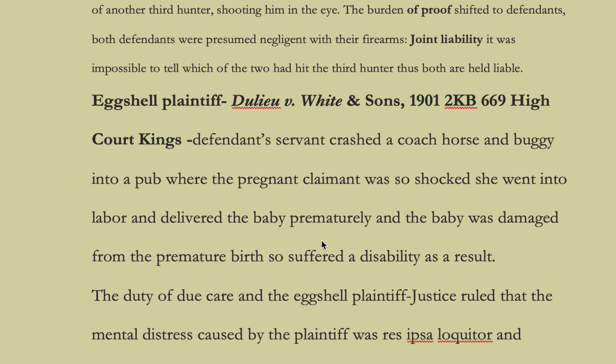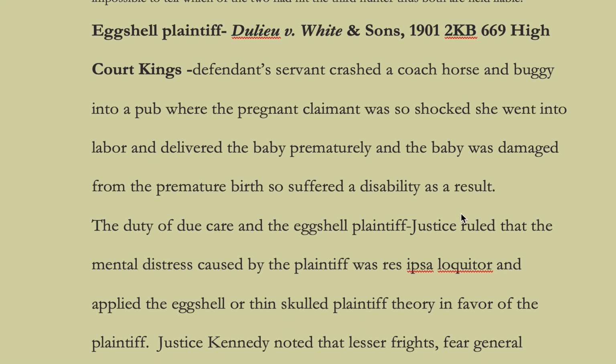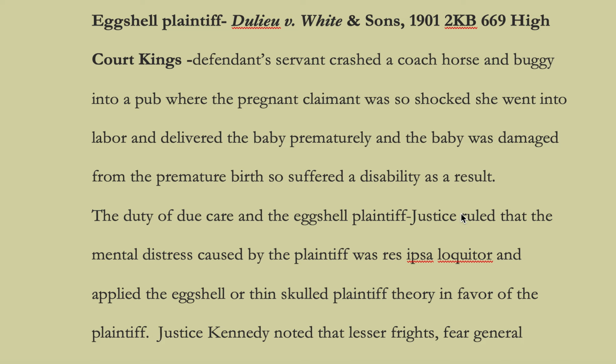So the Eggshell plaintiff case, Dulieu versus White and Sons, was where a pregnant woman was working in sort of like a restaurant bar type thing that her husband owned, and this is in the horse and buggy days, and she was washing dishes, and the defendant's servant had a horse with the coach and crashed into the bar.